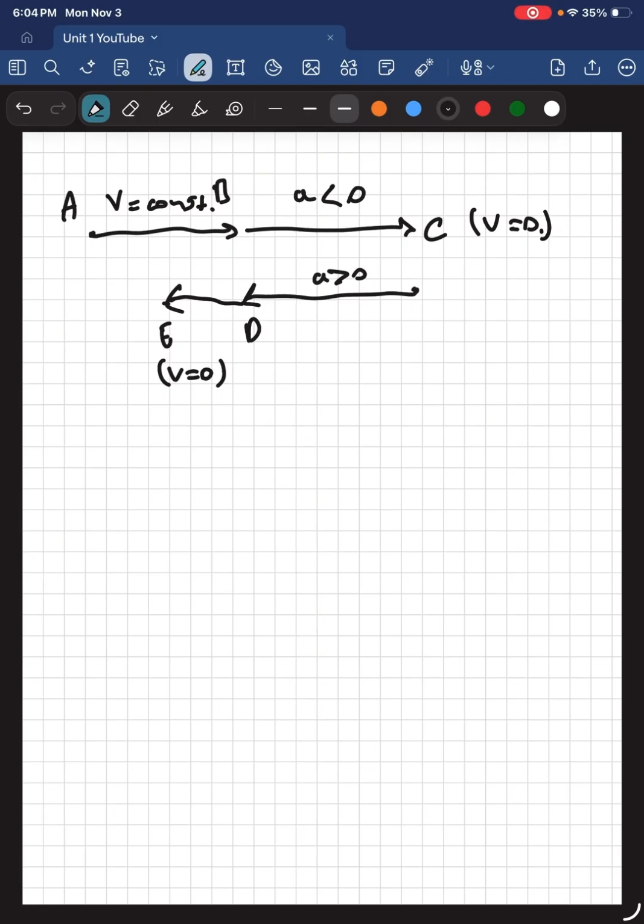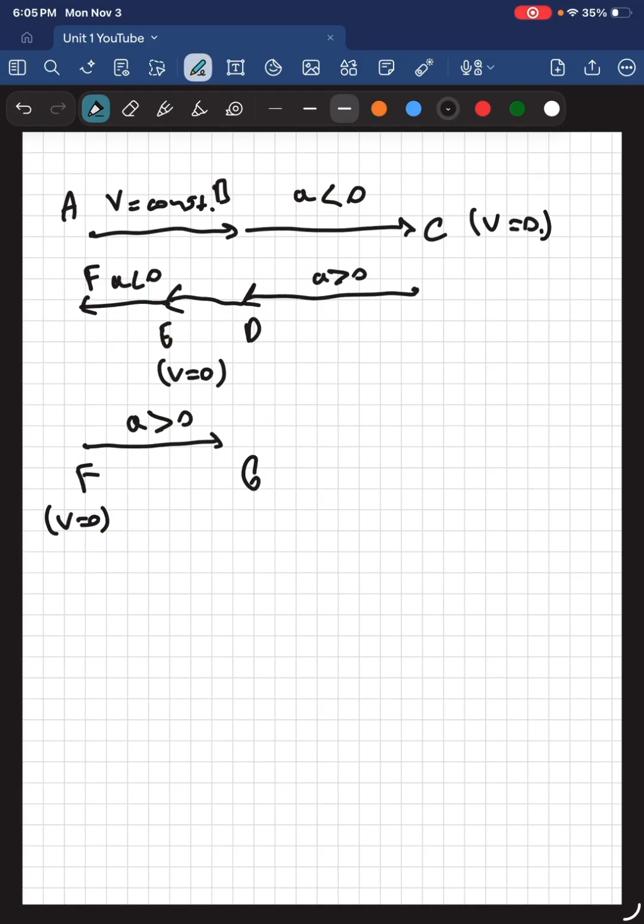From E to F, we have deceleration, so negative acceleration, and then at F the velocity is 0, it moves to G with a positive acceleration, okay, so that's the motion. It's a little bit involved, but I hope it makes sense.